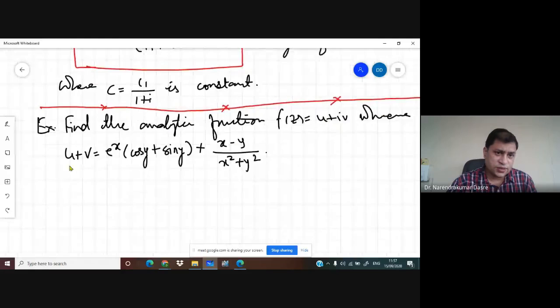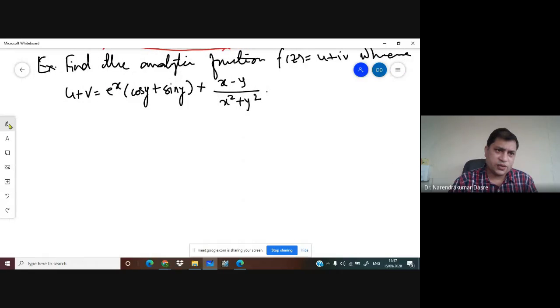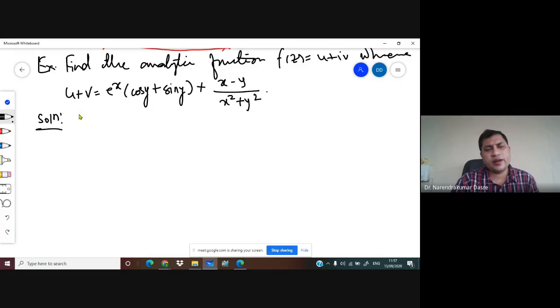Okay, so this is given. Now you can identify that this is going to be again an imaginary part. But we have to write all the steps properly, so don't be in a hurry. Write each and every step properly so that the reader will understand.